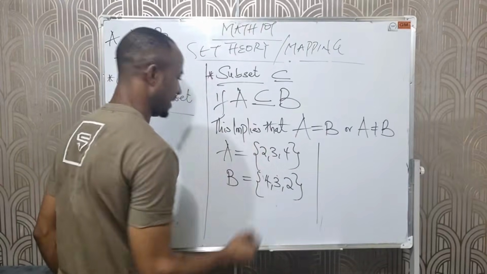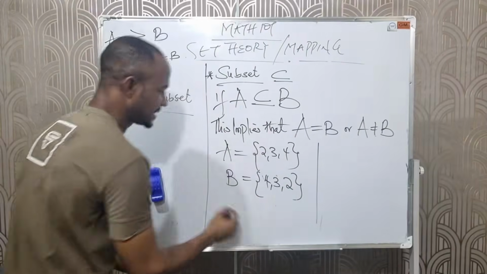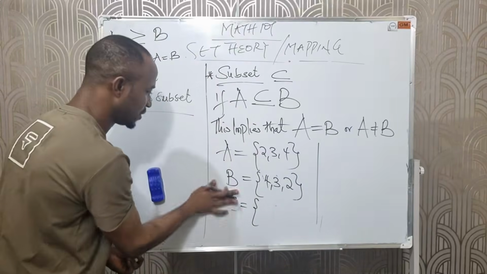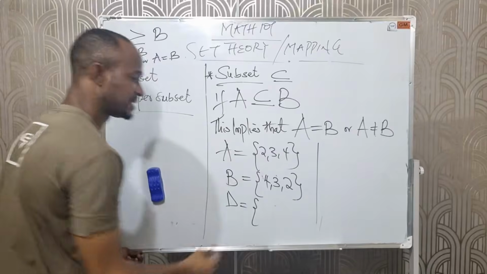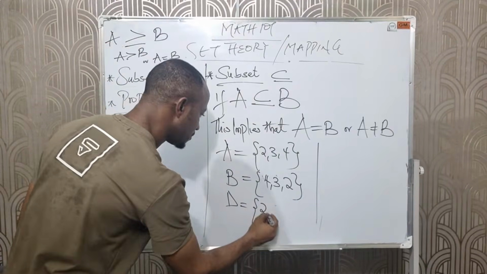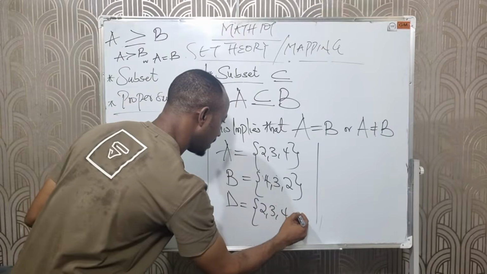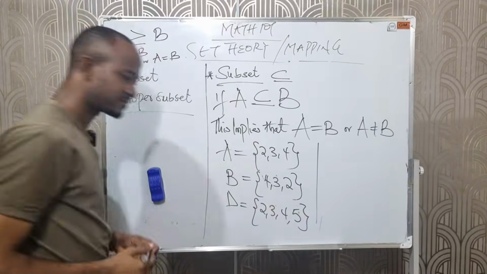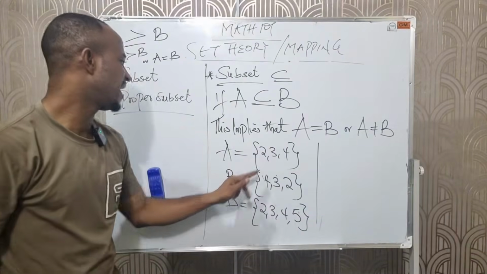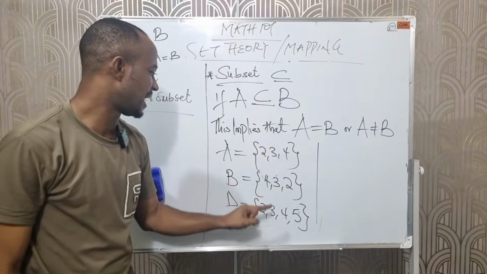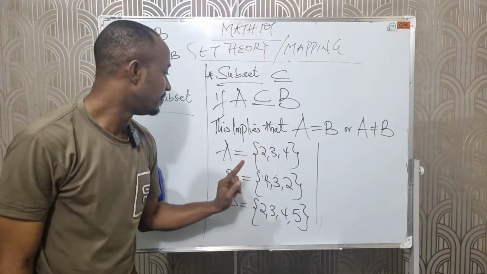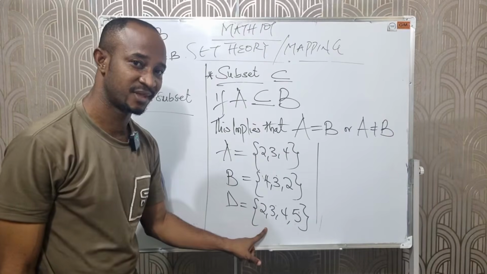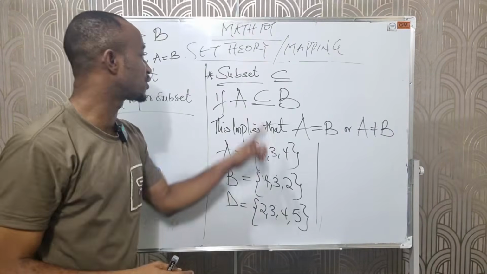In another example, let's say I have subset D, which is {2, 3, 4, 5}. What do you notice here? Every element in A is in D, but A is not equal to D. Don't forget that we have two conditions for subsets.